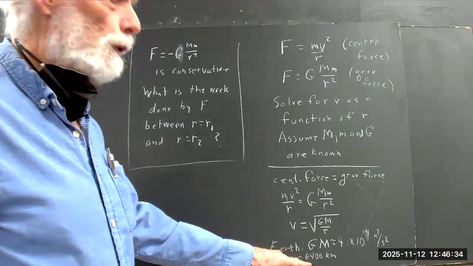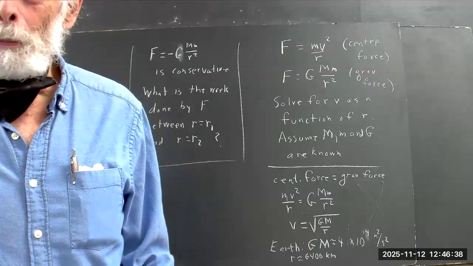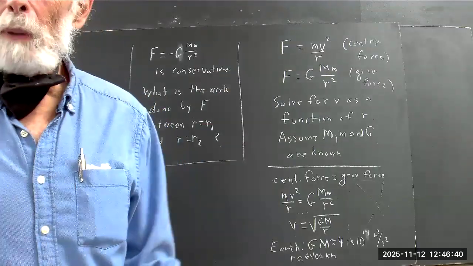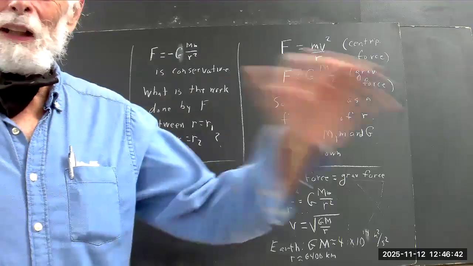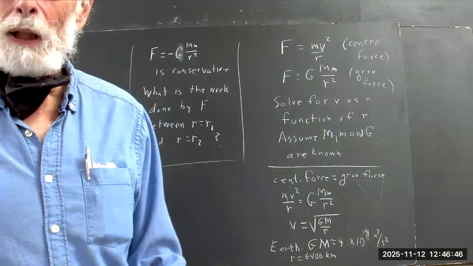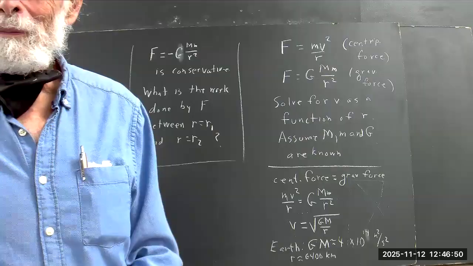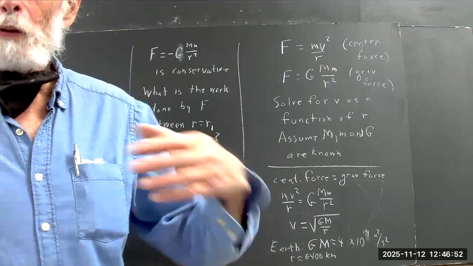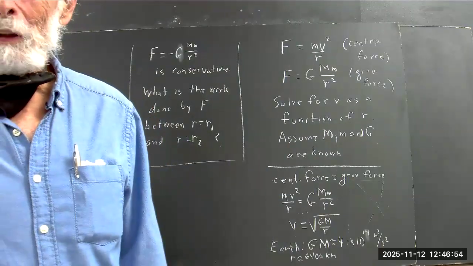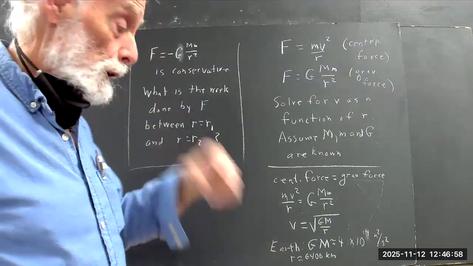Now, at 6,400 kilometers, you're not going to orbit for very long. You might be up 20 or 30 miles. You're not going to get a lot of air resistance because the air's pretty thin then. You've got to be up at least 100 miles to be able to orbit for a couple of days, and a lot higher than that if you want an orbit to last a while. 100 miles would be about 160 kilometers.